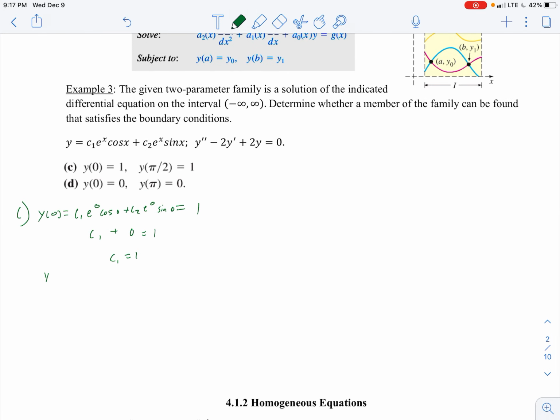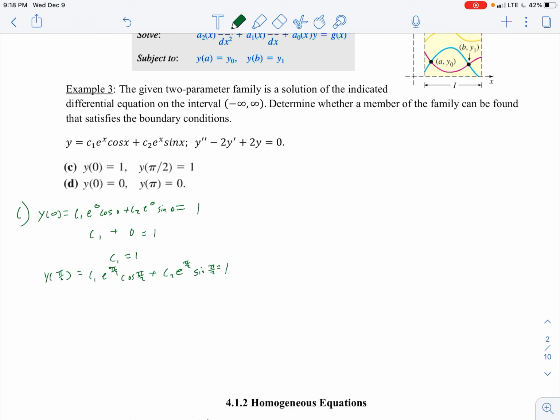Now let's plug in the second value, which is pi over 2. We say c sub 1 e to the pi over 2 cosine of pi over 2 plus c sub 2 e to the pi over 2 times sine of pi over 2, and this should also equal 1.